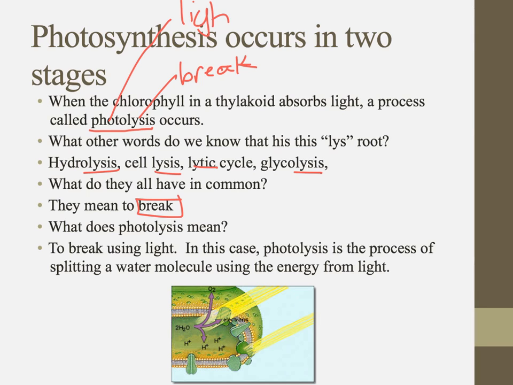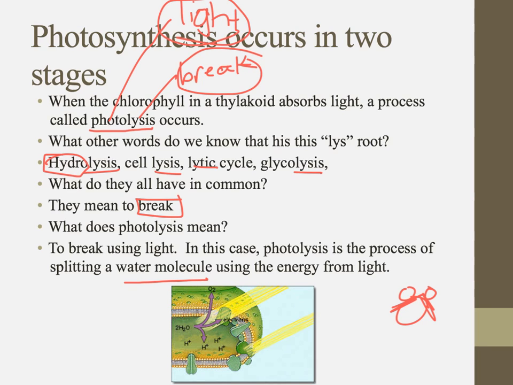I will tell you, we are not breaking light. That's not how it works. Just like in hydrolysis, where we use water to break something, here we're going to use light to break something. And that something happens to be a water molecule. So in photolysis, we are going to split a water molecule. Here's my Mickey Mouse looking water, and I'm going to be splitting it using the energy from light.